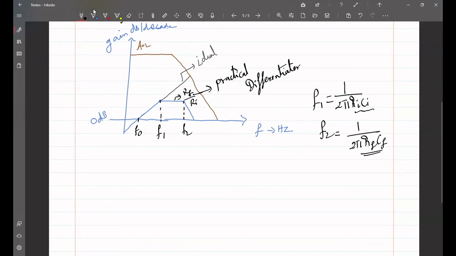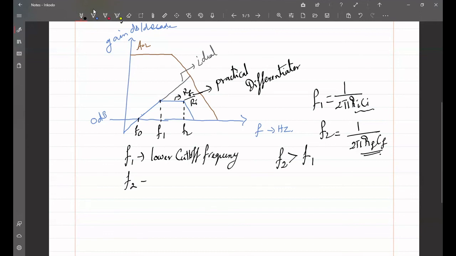That is the feedback impedance. According to these two impedance values, the response of the system will vary. Also you should know that F2, the upper cutoff frequency, will be greater than the lower cutoff frequency. F1 is nothing but the lower cutoff frequency.